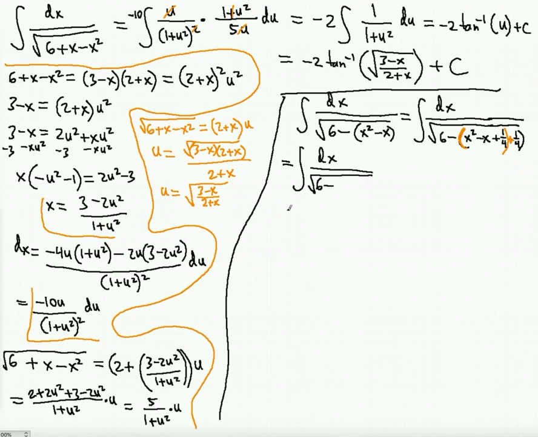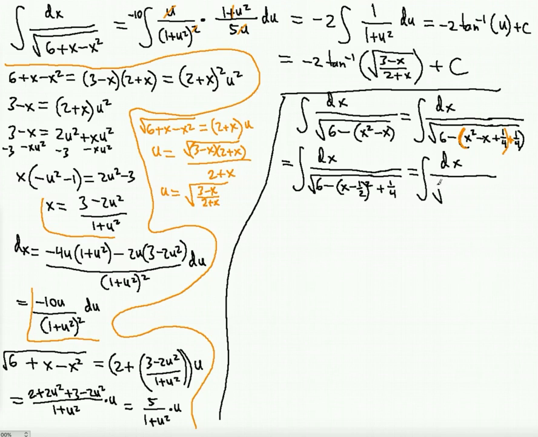So this is what we're going to do. If you group it like that, you will make x squared minus x plus 1/4 a perfect square factor, which is going to be x minus 1/2 squared, plus 1/4. So then let's keep simplifying.